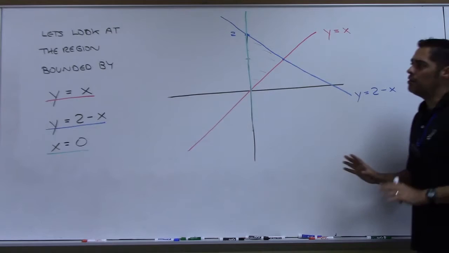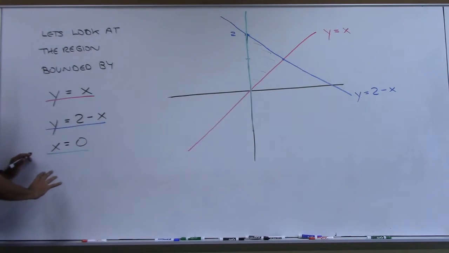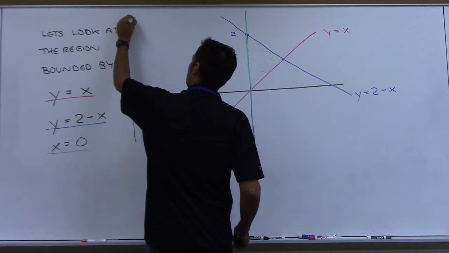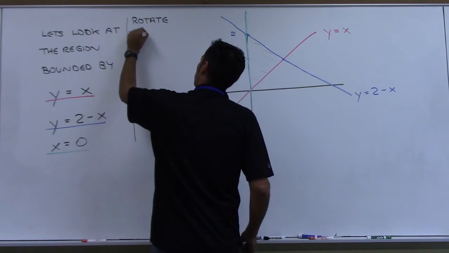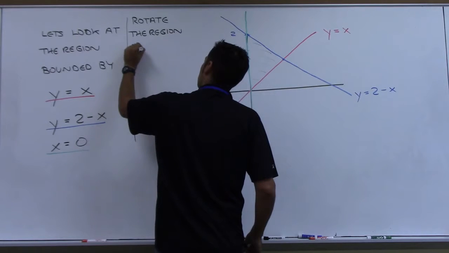What we're going to do now is add something to this. We're looking at the region bounded by these. Now, rotate that region about the x-axis.